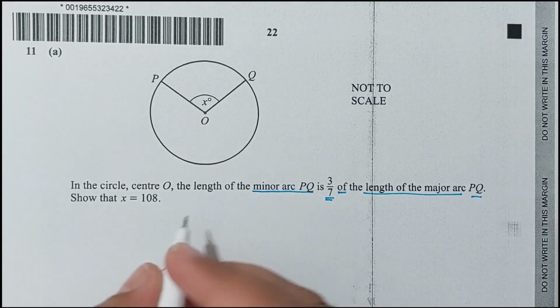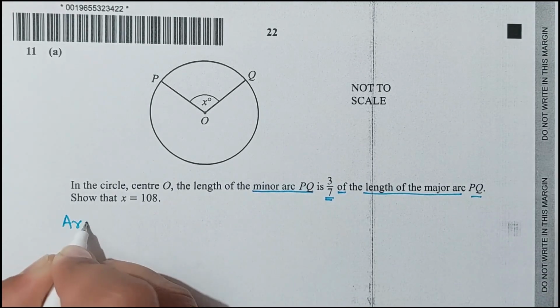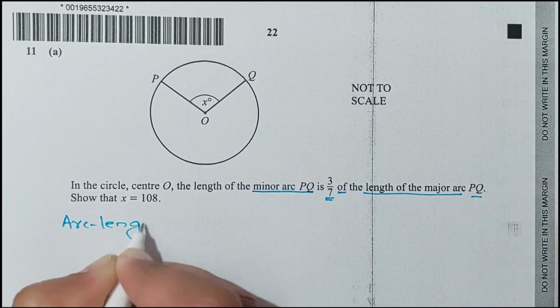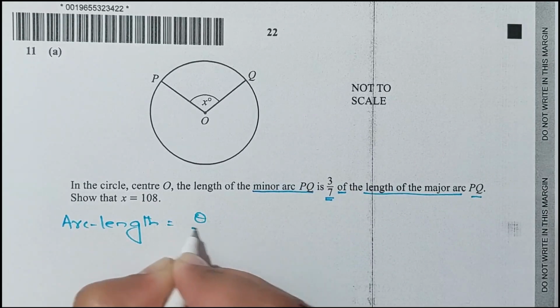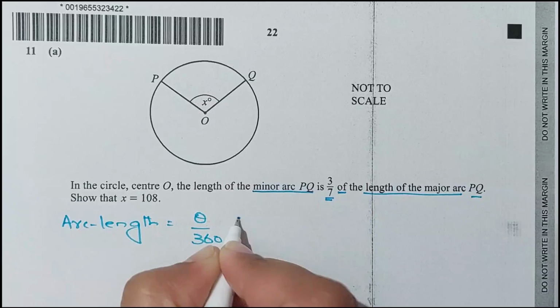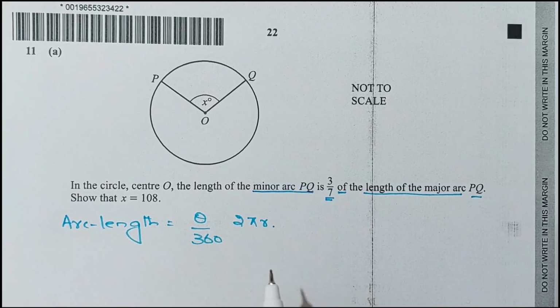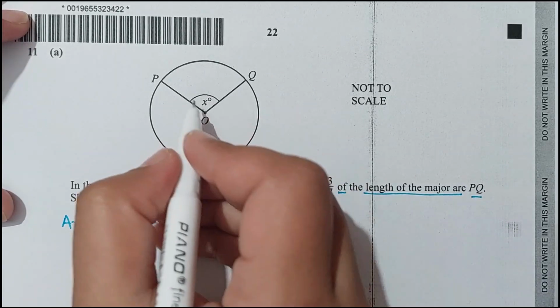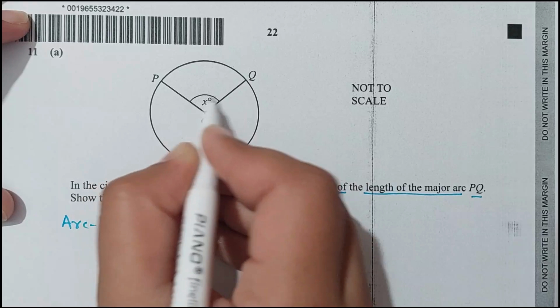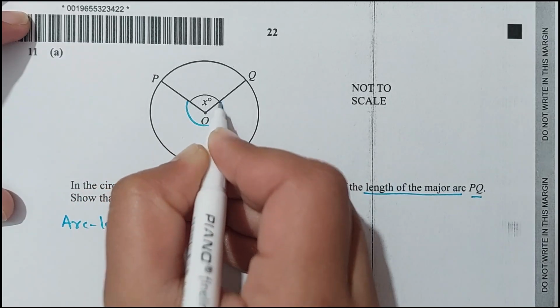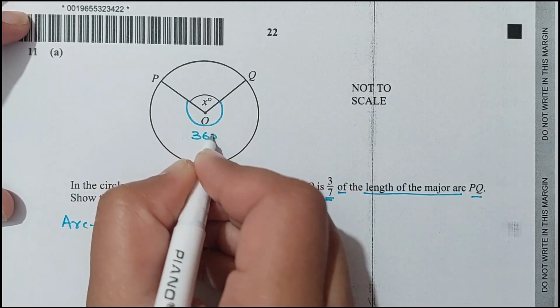This is in degrees. So arc length has a formula which is theta over 360 degrees times 2 pi r. So the minor arc has angle x and the major arc has an angle 360 degrees minus x.